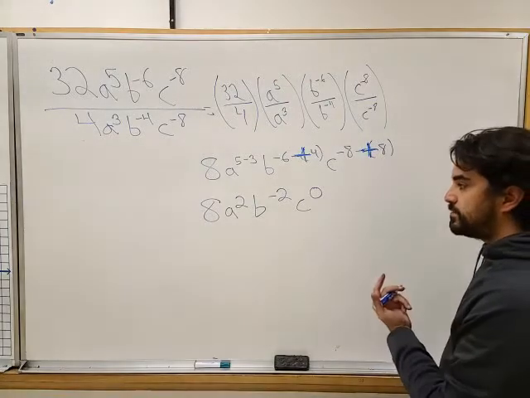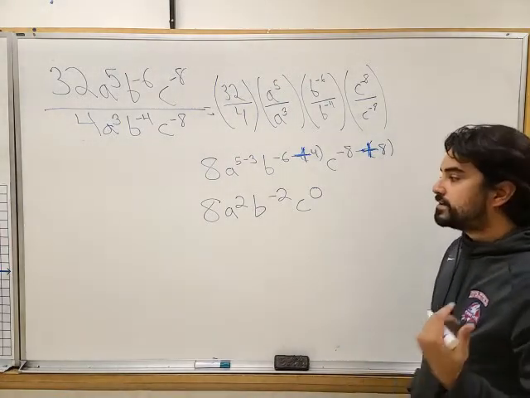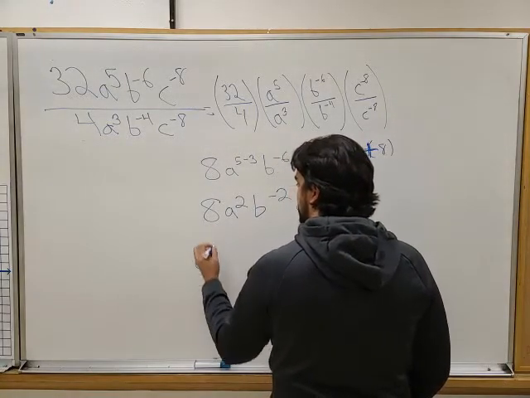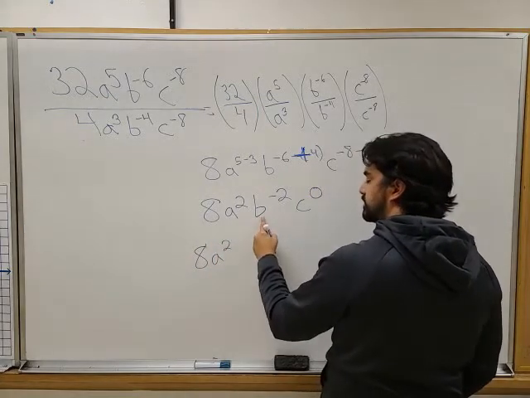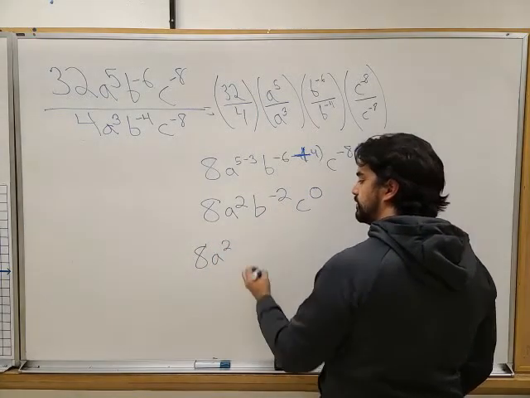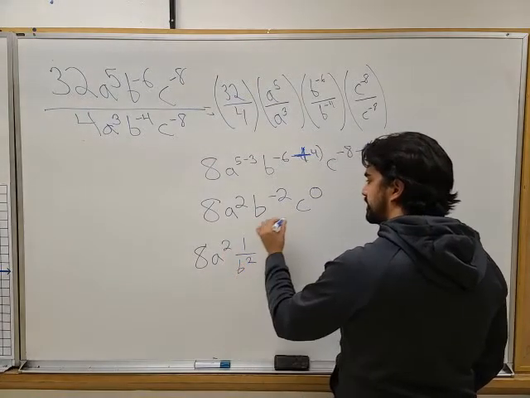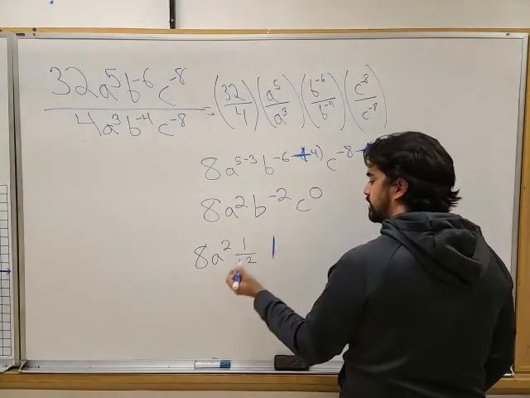Now, remember, we have negative exponents, and we can't have that. So we're going to have 8 a squared times the reciprocal of b to the power of negative 2, which would be 1 over b squared. c to the power of 0 would be 1.